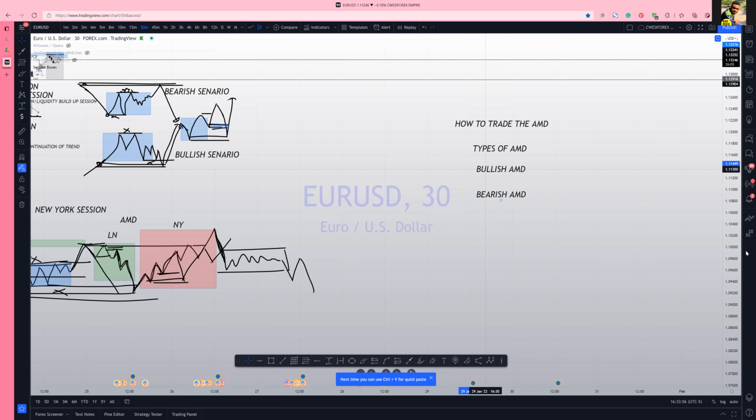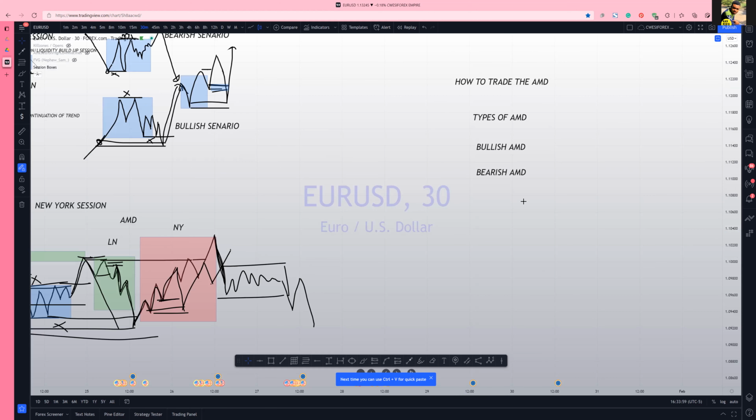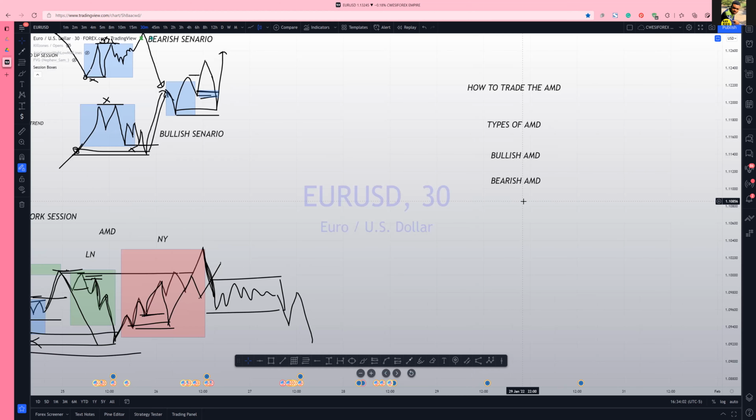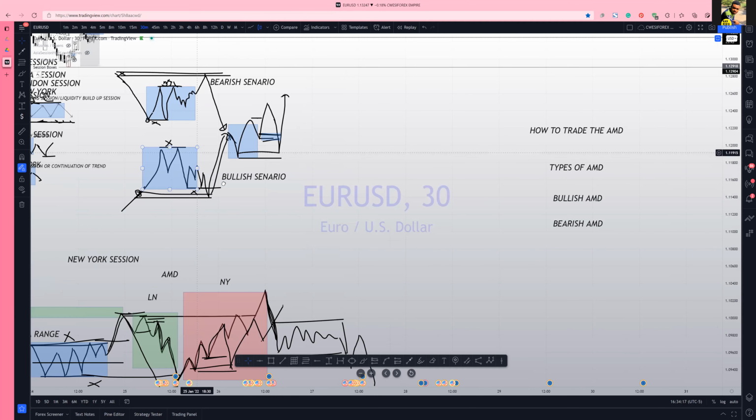So these are the two types of AMDs that we have. We have a bullish AMD and the bearish AMD. Okay, so I've already explained it over here.